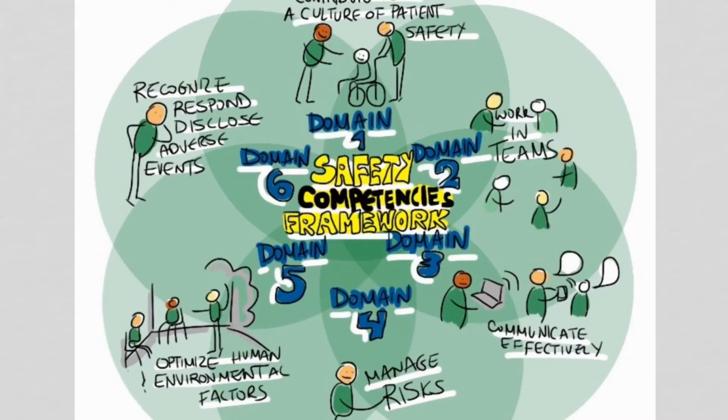So human factors focuses on three aspects: the job, the individual and the organisation, and how they impact on people's health and safety related behaviour.